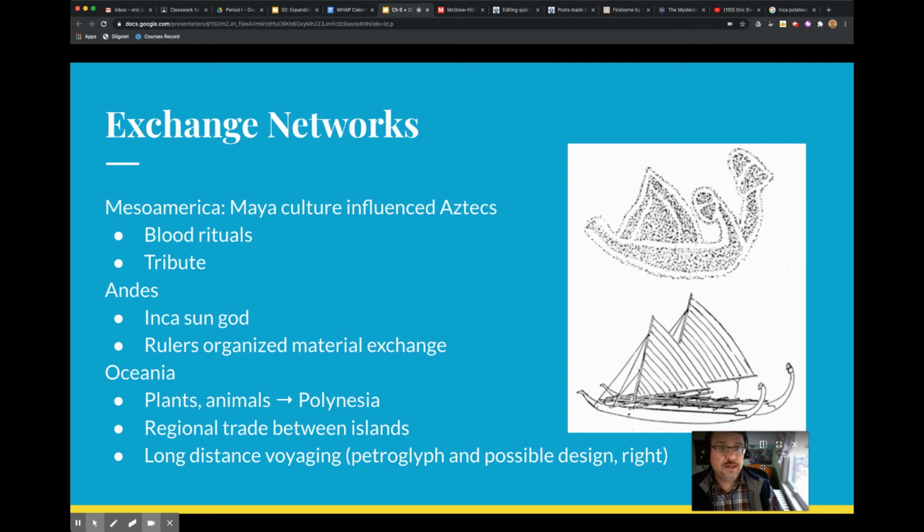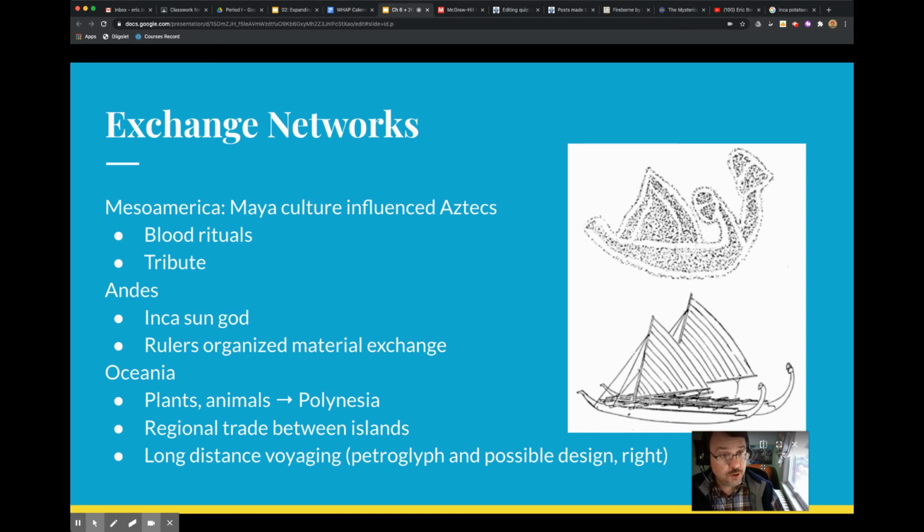But this tribute then led to a kind of exchange. There'll be these double-headed turquoise serpents, which were made of turquoise from far north of the Aztec capital in what's today the southwestern United States, plus sea items like oyster shells and conch shells from the Gulf of Mexico.